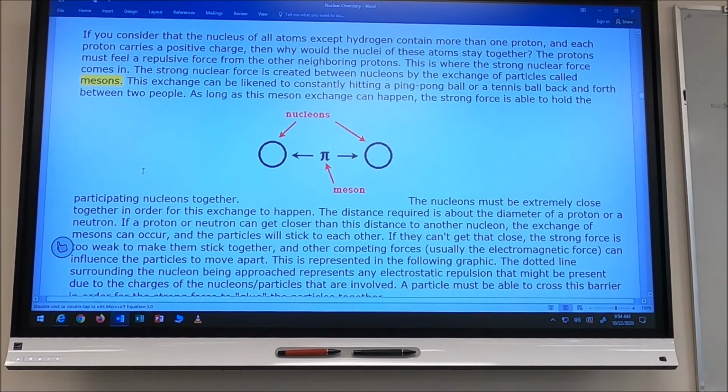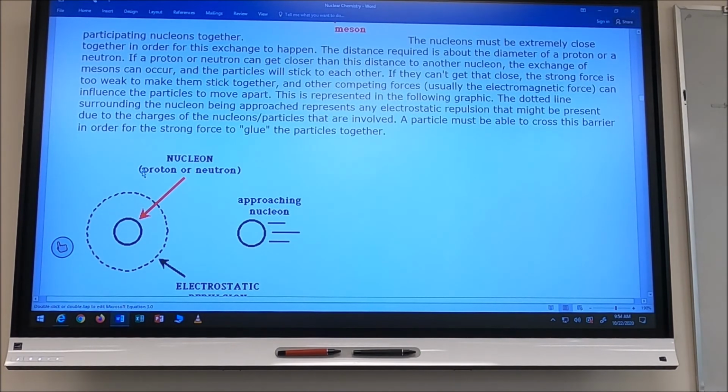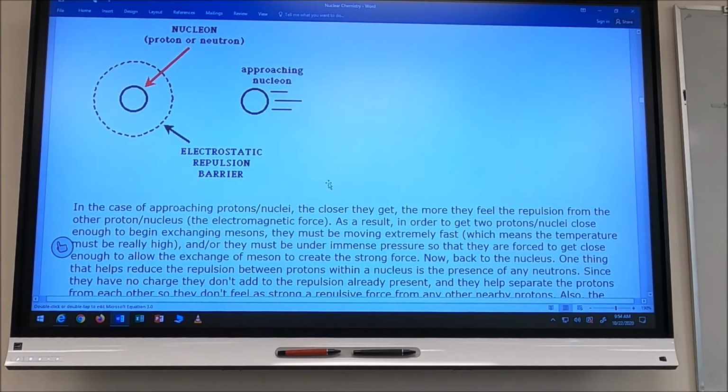They're too far apart to exchange mesons. Scrolling up. So when a nucleon approaches another nucleon, it has to get past that electrostatic kind of barrier to be able to stick and to exchange nucleons.